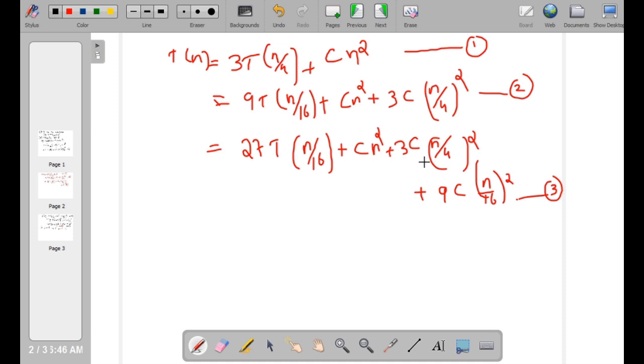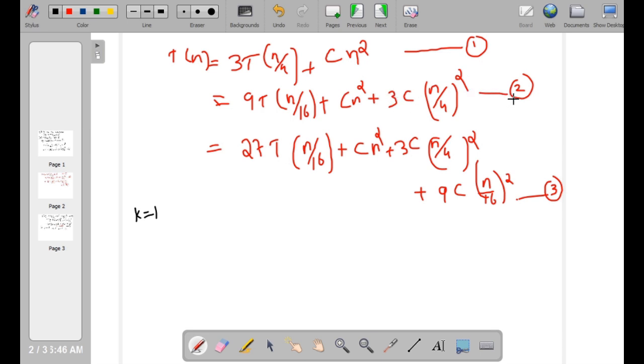Okay, so we have to write what is in general for some equation number k. When the equation number k equals 1, this part I can write 3 raised to 1. Here 3cn square is coming. Here I can write 3 raised to 0.